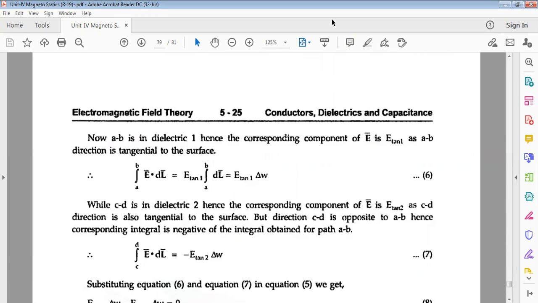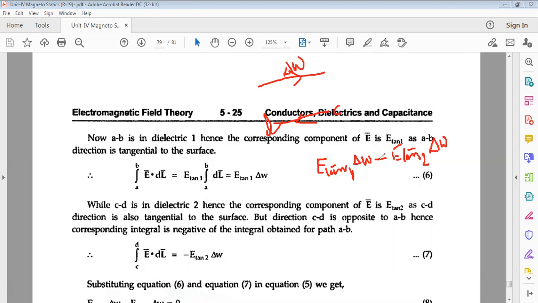Substitute these two equations: E tan 1 delta omega minus E tan 2 delta omega is equal to 0. Both have the width delta omega, but the direction is different. The first is E tan 1 because it is in dielectric 1, and the second is E tan 2 because it is in dielectric 2.